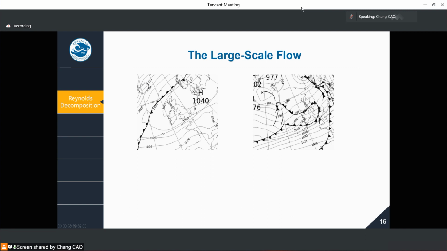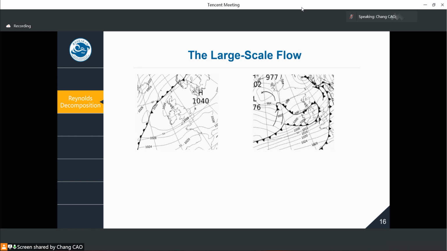I'm not sure whether you have met this before, but here we can find isobars, and we can find a high pressure system here, right? High pressure system, and in this picture, we can find a low pressure system here.